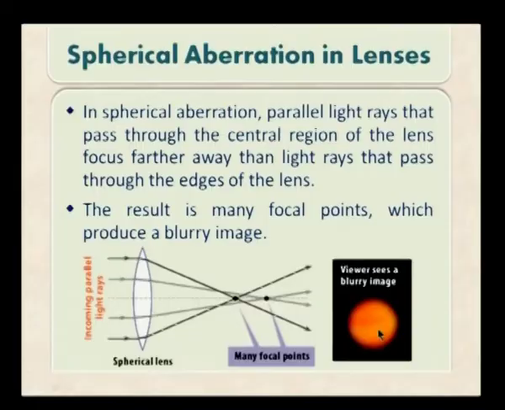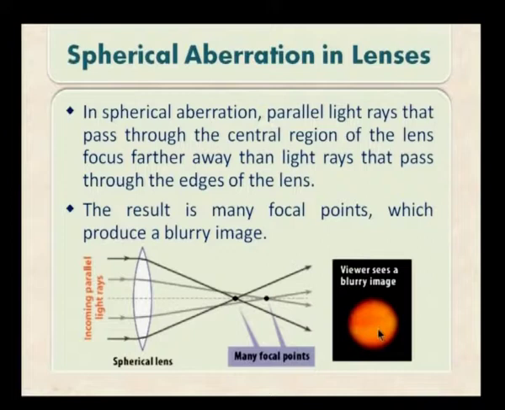At the elementary level, you have an object here, you get a real image or a virtual image. The images can be obtained on the screen. So, the image that you obtain will be blurred in the case of lenses.